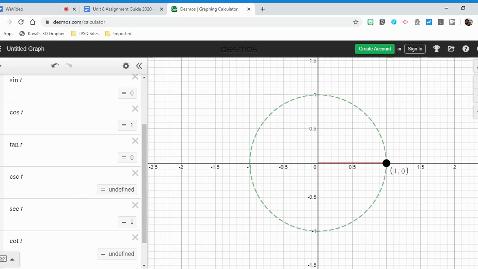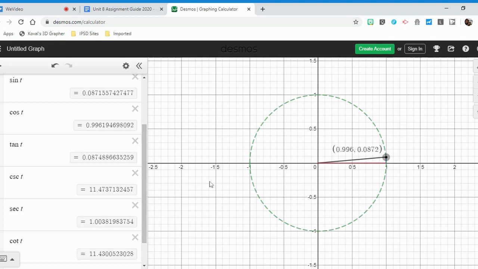Tangent is y divided by x, or sine over cosine. Well, that's 0 divided by 1 in this case. Cosecant and cotangent, notice, are undefined. Now remember, that's because these numbers were getting really big as I got this triangle to be closer to being just a straight line or a line segment.